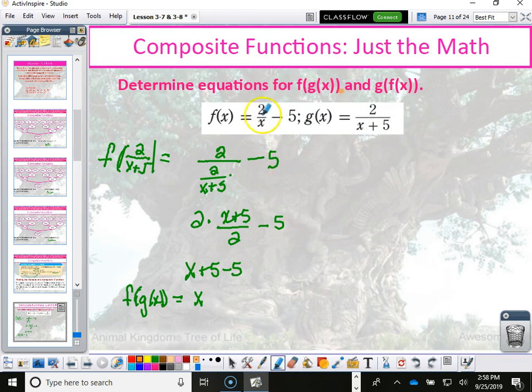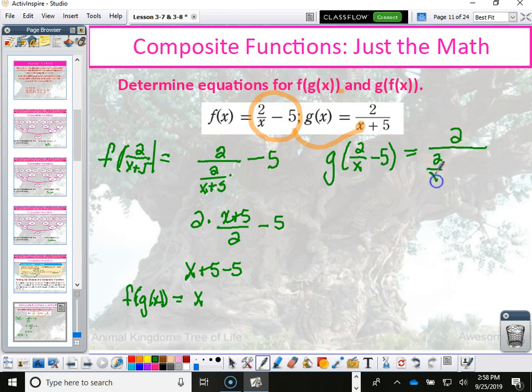So we're going to take this f function here and we're going to plug that in for x in this function. So to do that, we're going to do g of 2 divided by x minus 5, which means we're going to have 2 divided by x minus 5. That's our x value now, plus 5.